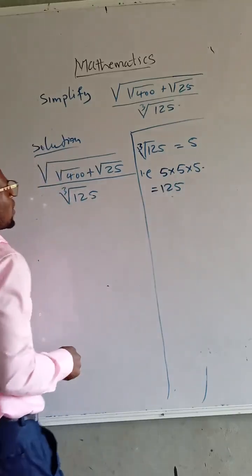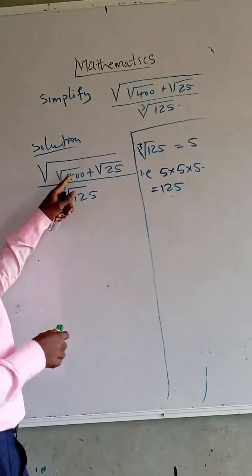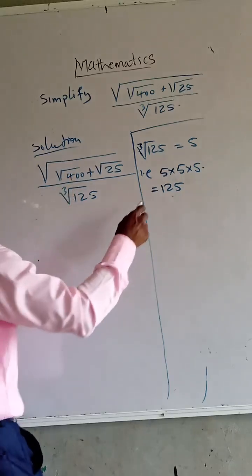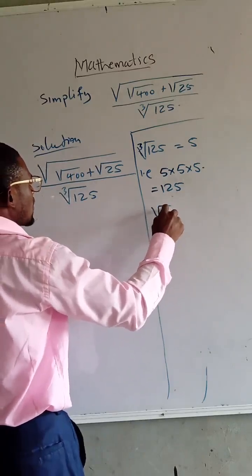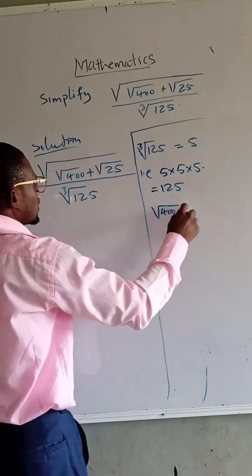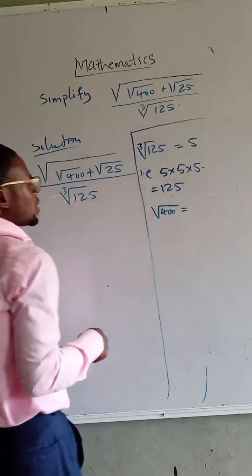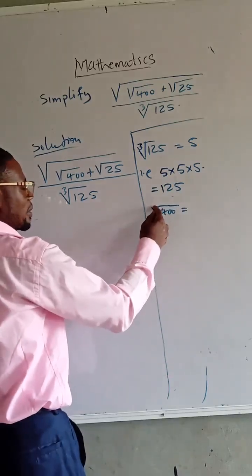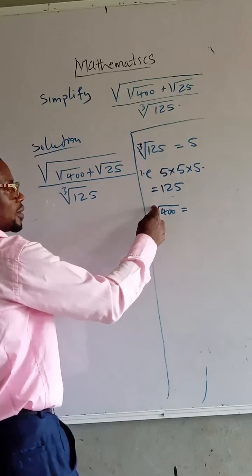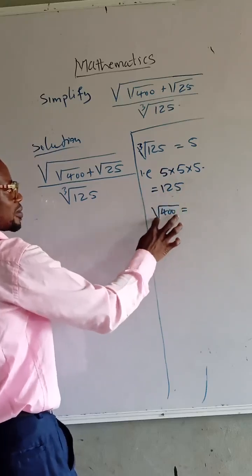Okay, so now let's go back to this. When we come here, you find out that the square root of 400 is what? You know there is 2 here, but in square root we don't put 2. This is already square root.